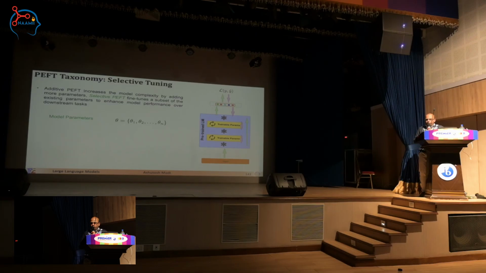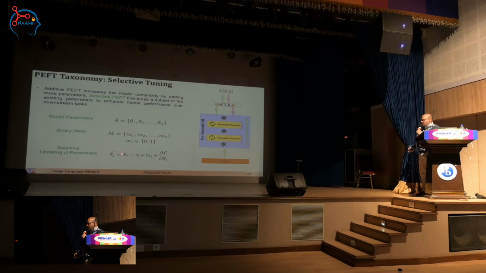To put it more formally, let's say you have these parameters in the model, theta 1 to theta n. Then you apply a binary mask to each of these parameters. This mask can be 0 or 1. The way you update is the standard gradient update, like you have seen in gradient descent.